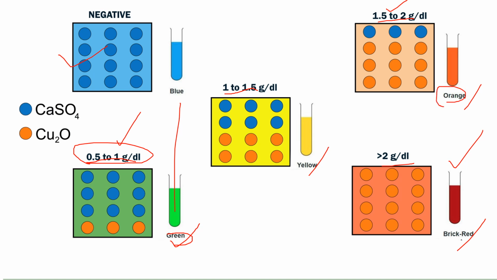Now think about the opposite. Let's say someone has 1.5 to 2 grams per dl. Let's say instead of 5 ml of Benedict solution, we added 10 ml of Benedict solution. So now the concentration of glucose in relation to the Benedict's reagent has decreased. So instead of getting an orange color, now it will actually show green color because we have increased the Benedict solution. So the amount of glucose would obviously be lesser compared to when we use the proper 5 ml.